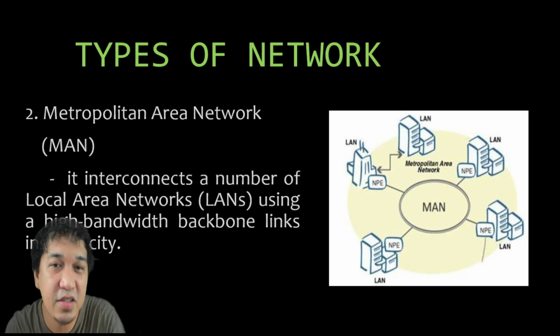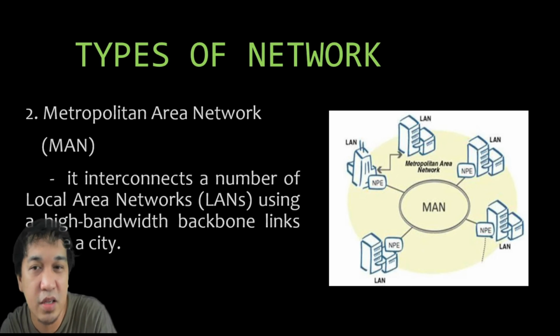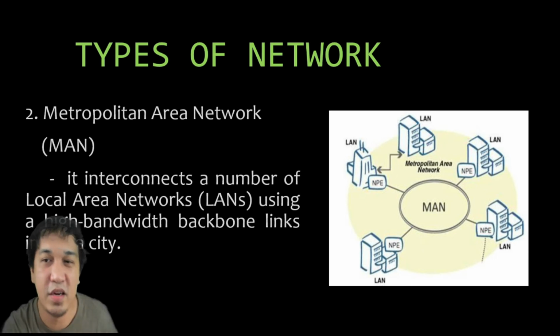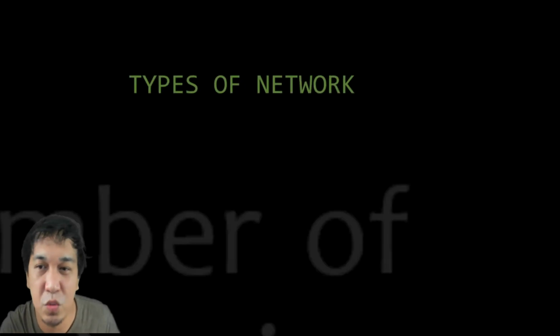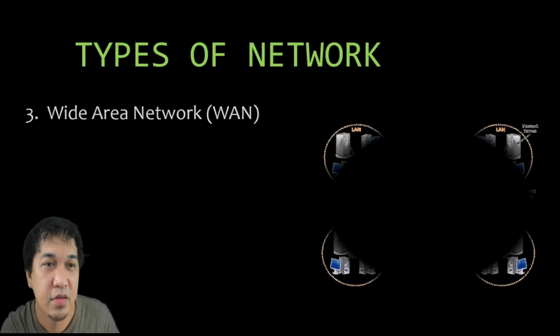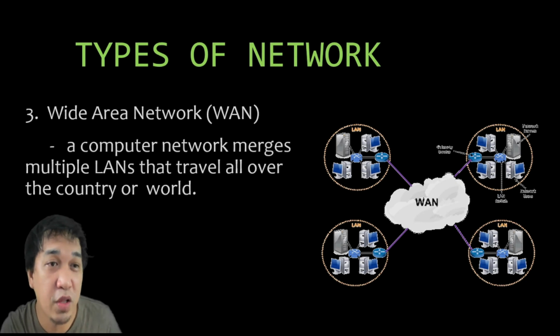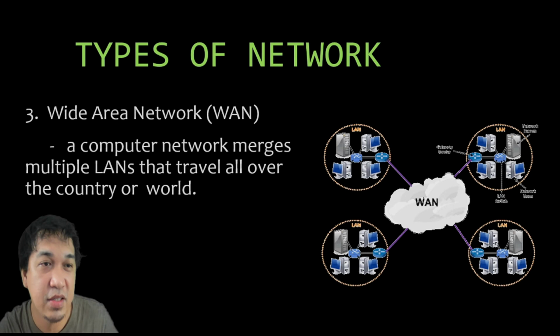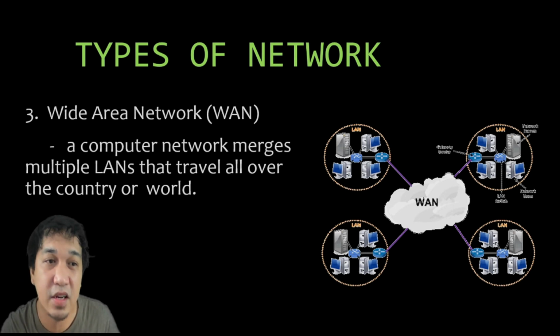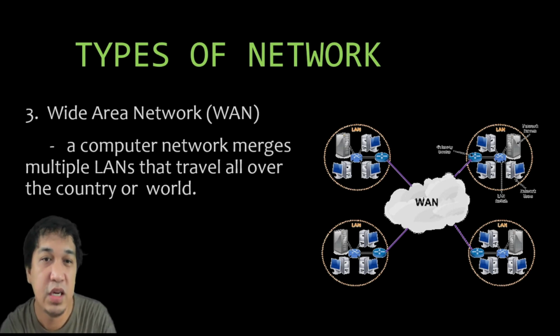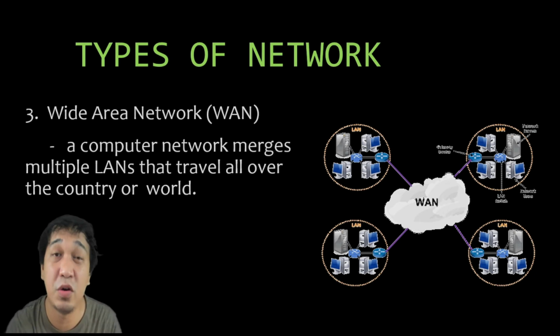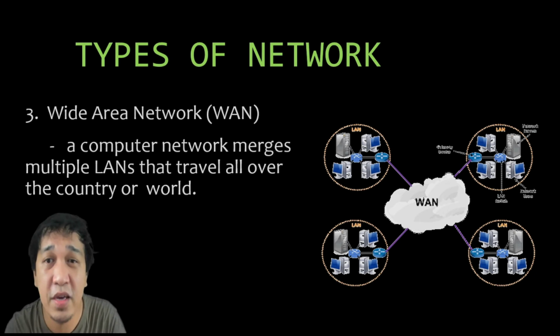A MAN is larger than a local area network, but is smaller than a wide area network. Next is the wide area network. It is a computer network that merges multiple LANs that travel all over the country or world. It spans across a large geographic area such as a province, state, or country.